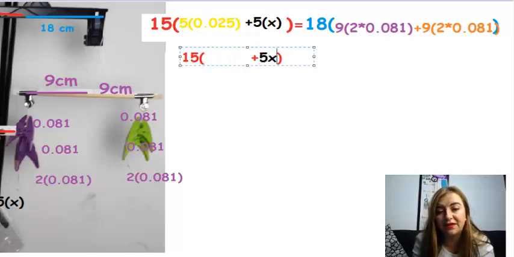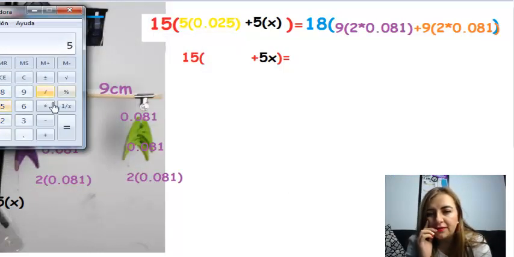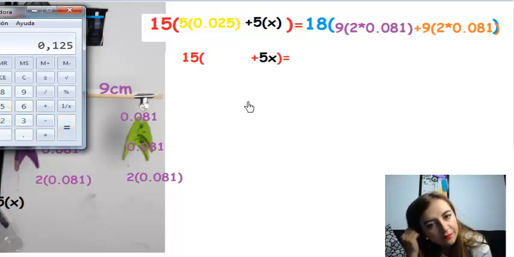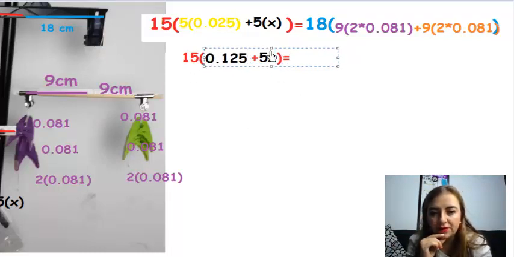I'm going to write 5x because it's the same as if we have the other value. So I'm going to solve this part first. I'm going to put my calculator here, 5 times 0.025. So it's going to give me 0.125. Alright? So I'm going to put it here.